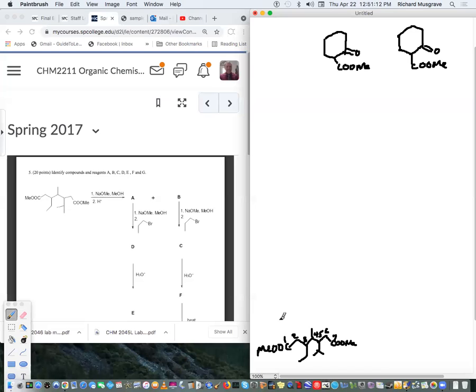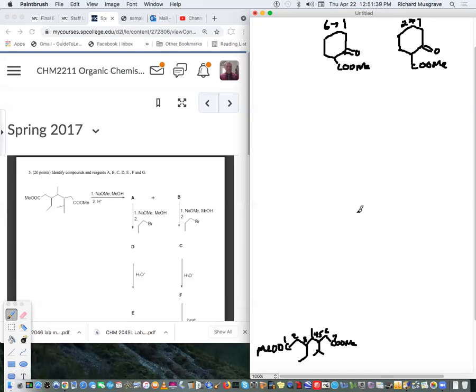So the two possible ways that this can join together, and I'll do the first one, it will be 6 to 1. And the other one will be 2 to 7. Now, when I'm doing the numbering, it's always from the alpha carbon on one side to the ester group on the other. That's why I've got 2 to 7 and 6 to 1.